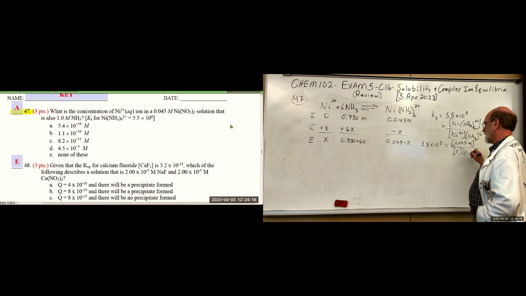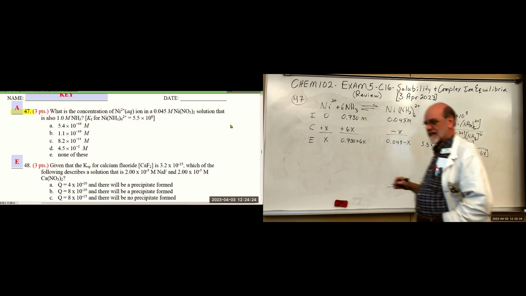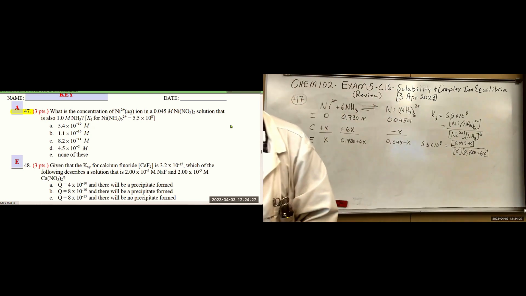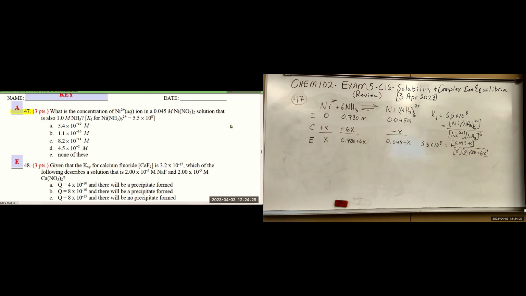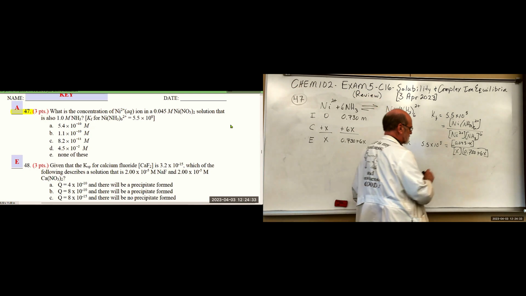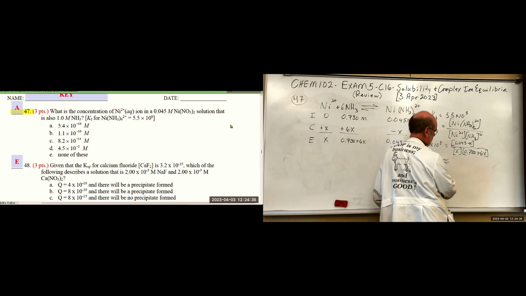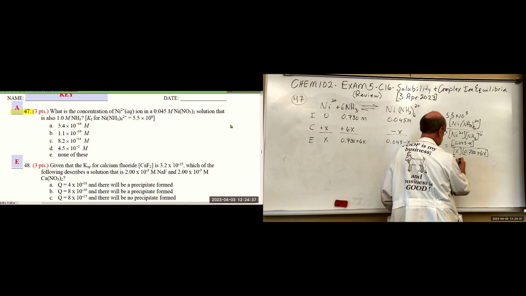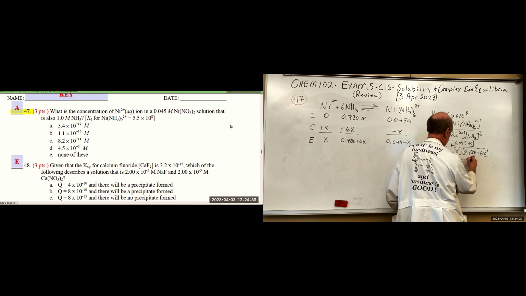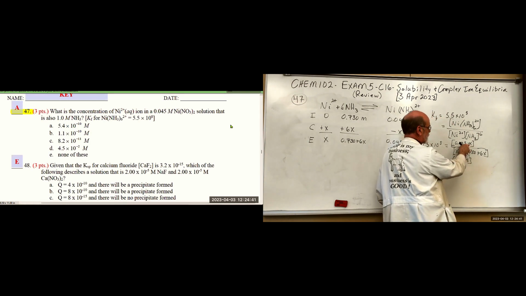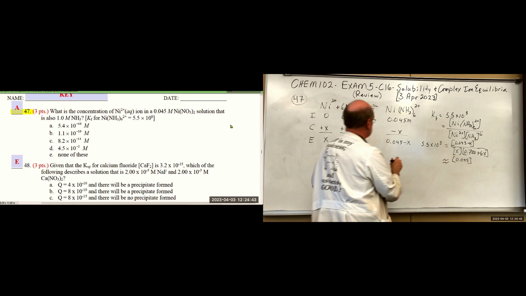And then 0.730 plus 6X. Okay. I think we're going to have to estimate 0.045. That X is going to be very small. Why?